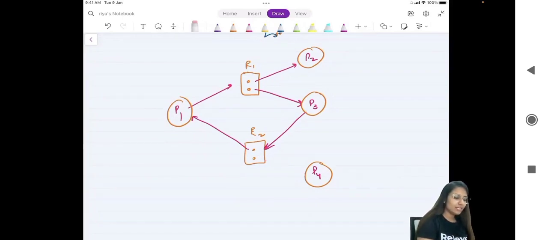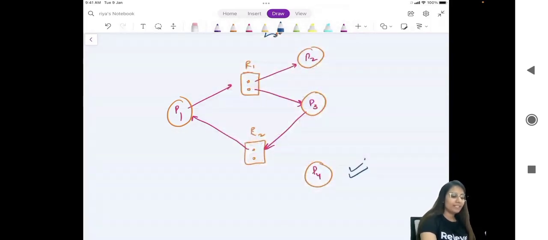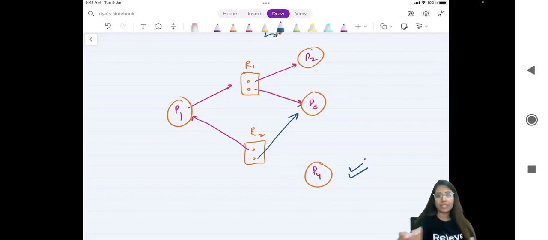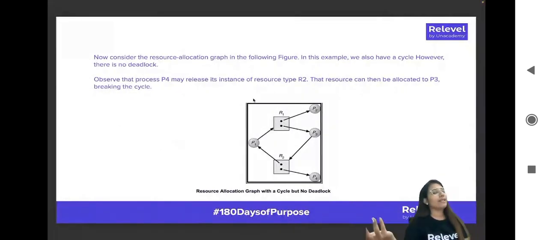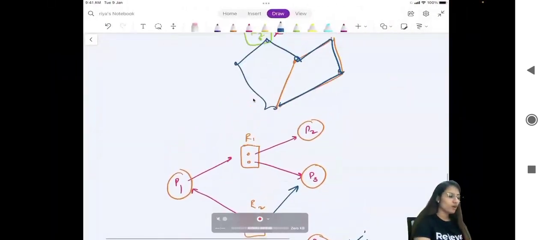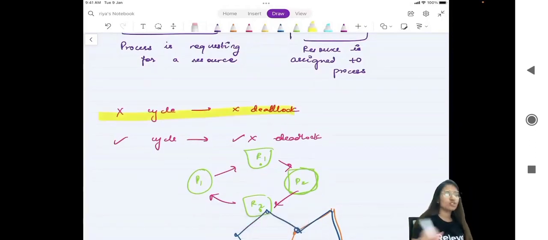Once this is done, the resource will be released and the process P4 is completed. Now P3 is requesting R2 and there is an empty instance of R2 available. So in that case, this will get converted into this, and hence you can see the cycle is broken and there is no more cycle in the system, which automatically means there is no deadlock, because we already concluded that if there is no cycle, then for sure there is no deadlock.